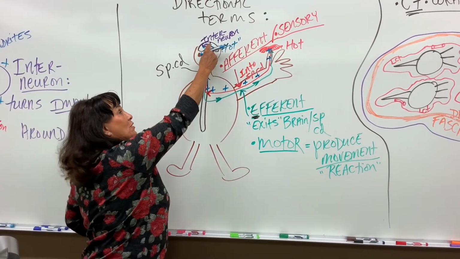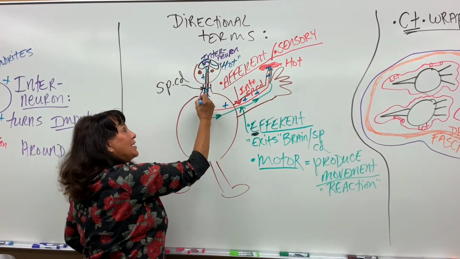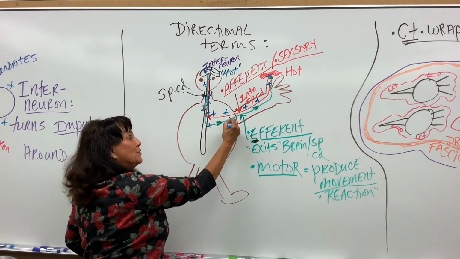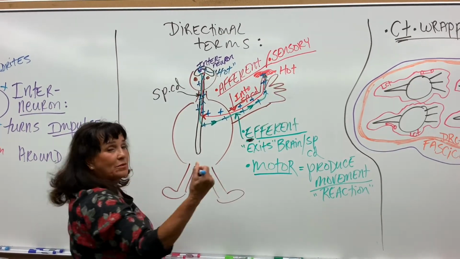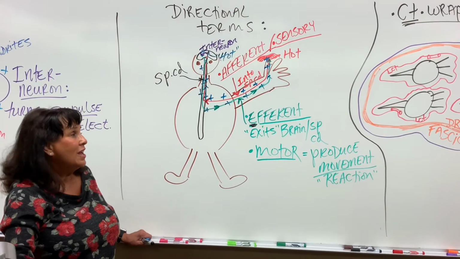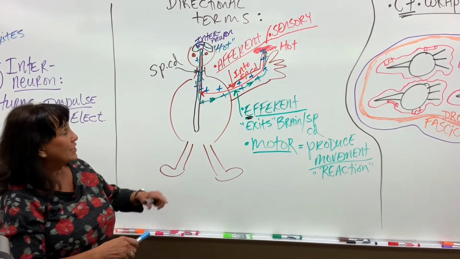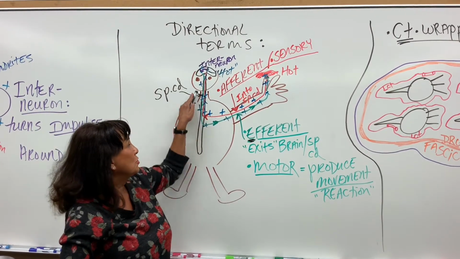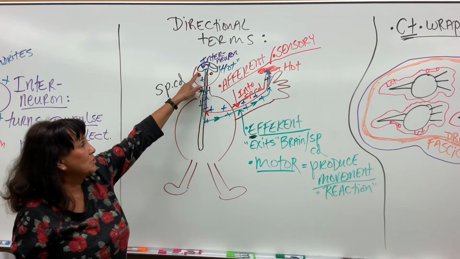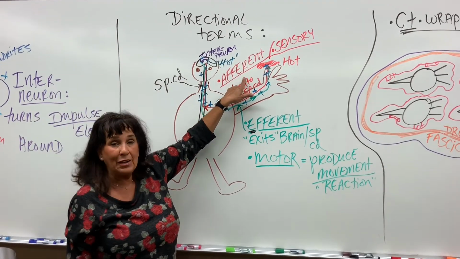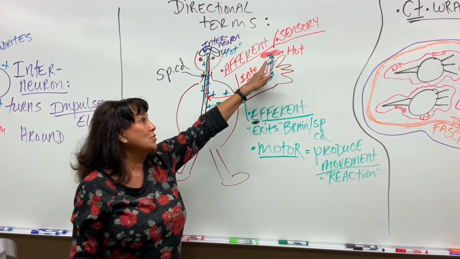And so the interneuron will turn the electricity around, and then the electricity comes back down another set of nerves, and these nerves go out to your finger, and then you're going to have a reaction. So what are the names for the nerves that carry the electricity into the central nervous system, into the spinal cord and up to the brain? These are always called afferent or sensory nerves. Sensory because you just felt something.